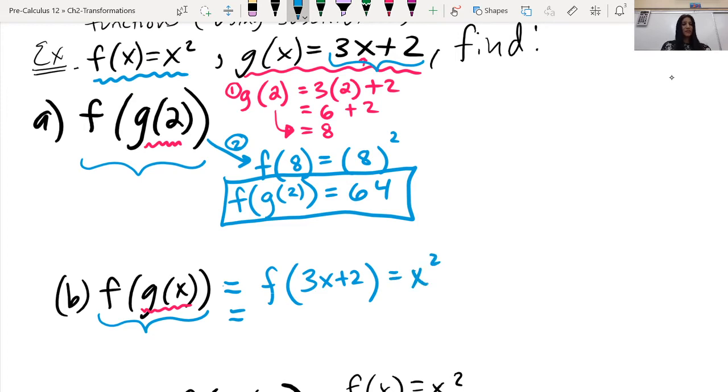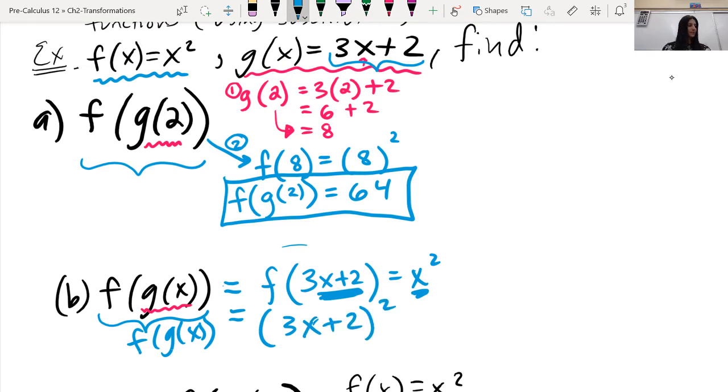I don't know if I'm confusing you by doing that, but what I'm saying is f of g of x, or if I look at the bigger function like f of x, it's equal to this whole thing, x squared. So the 3x plus 2 is being substituted in for the x. So here I would have f of g of x equals 3x plus 2 all squared.